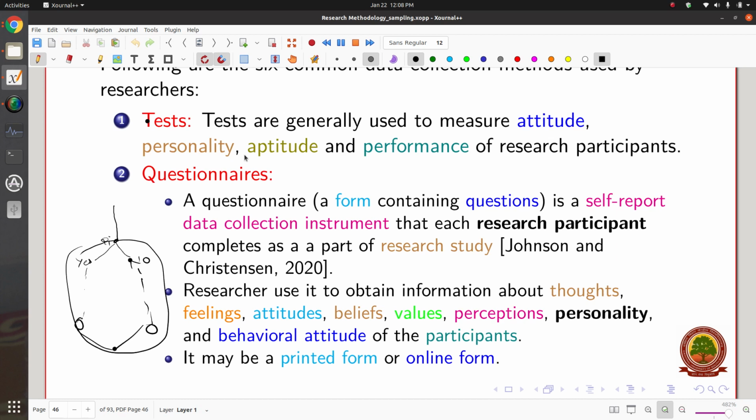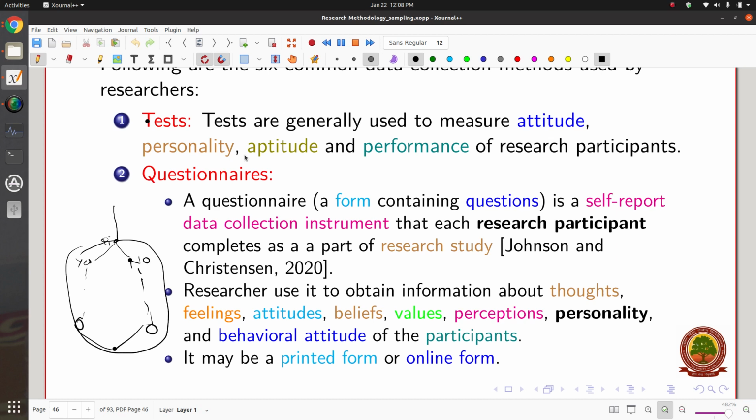As per your research requirement, the availability of your participants, and the kind of sampling you want to use, you select a set of participants, recruit them, and then share the questionnaire that you have prepared.